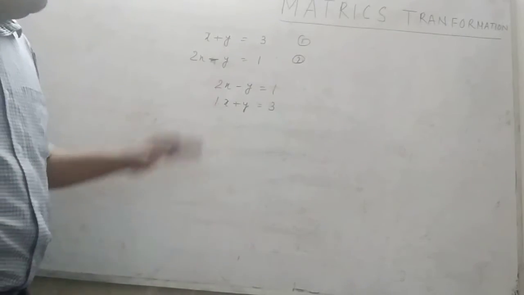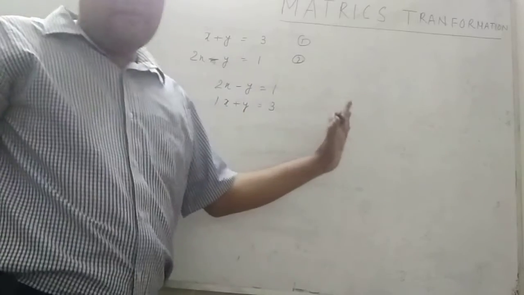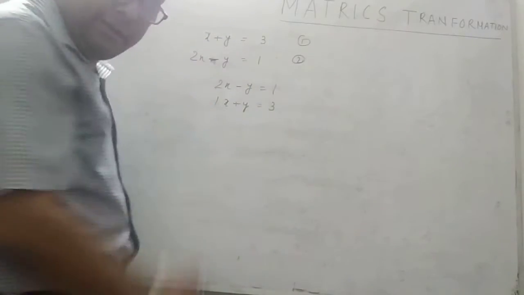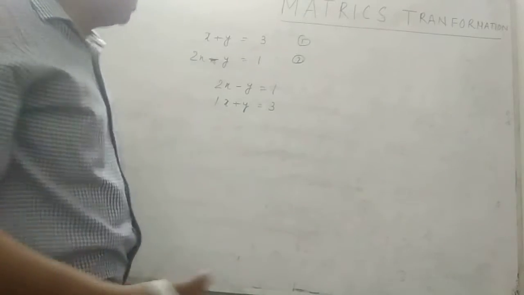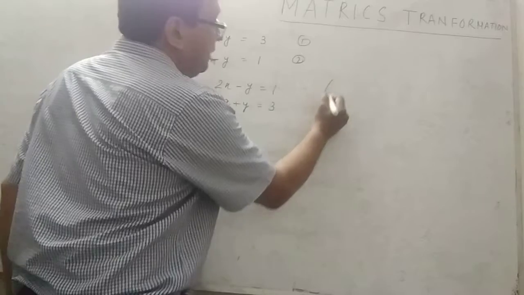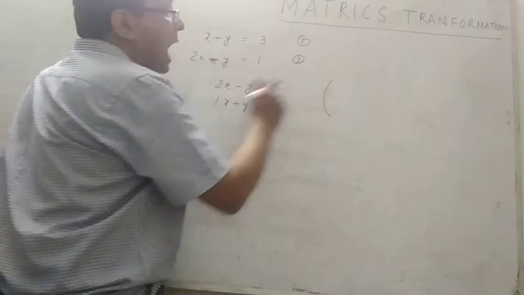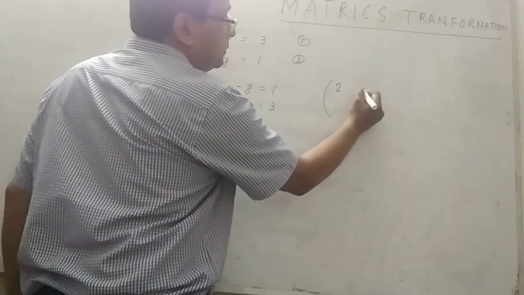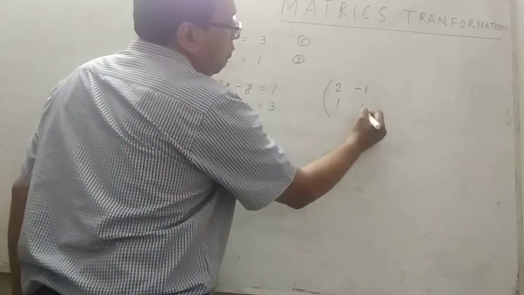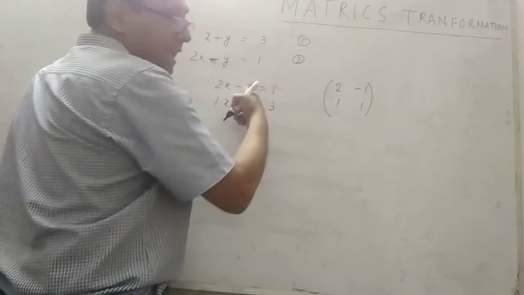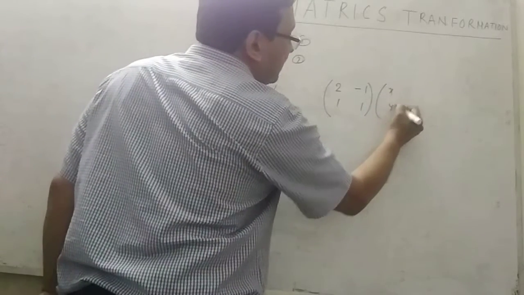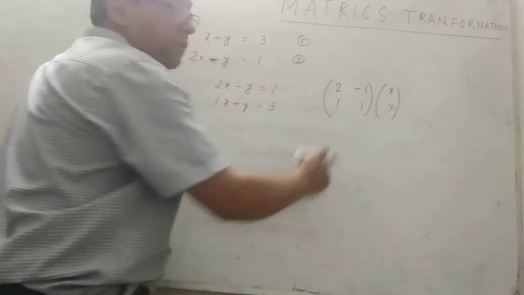Now see, the same expression I can also write in matrix form. How can I write it? I have already done the matrix product. Now see, if I write these coefficients, I can write 2, minus 1, 1, 1, and the variables x and y I will write on the right hand side, and this will be in product form.